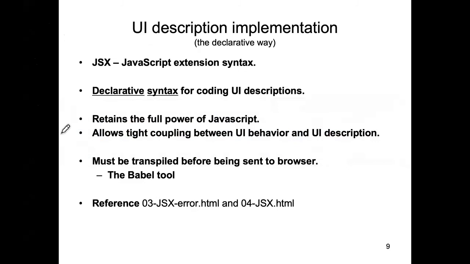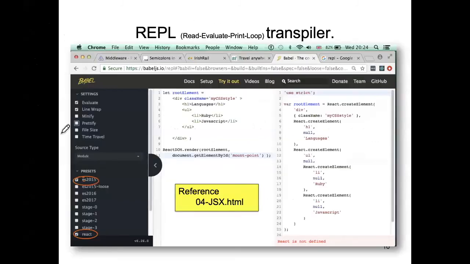So, right, we've seen JSX. It's a declarative style. All I'm showing you in this slide is how I actually did the transpilation, because I must have done it myself since I have two physical files. And really all I did was I used this Babel.js website that I mentioned to you a couple of lectures back.